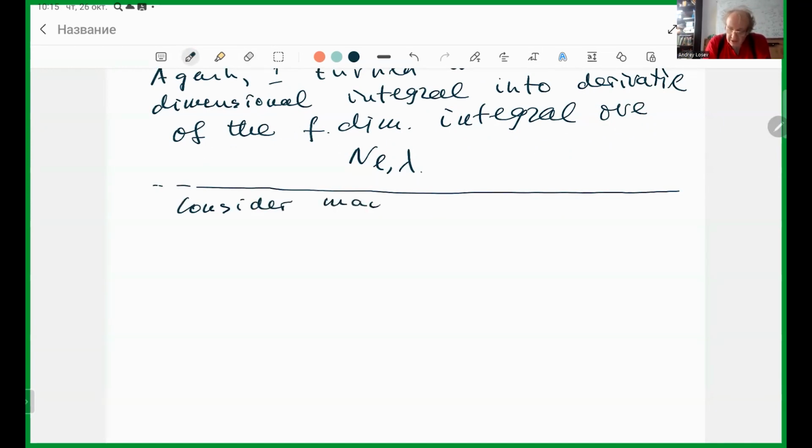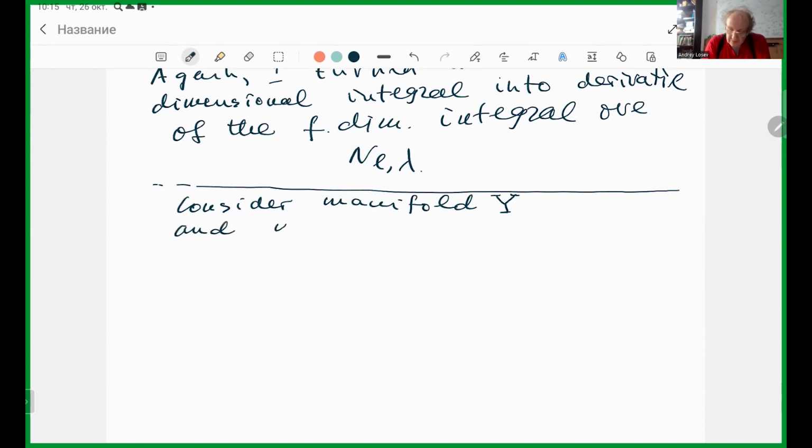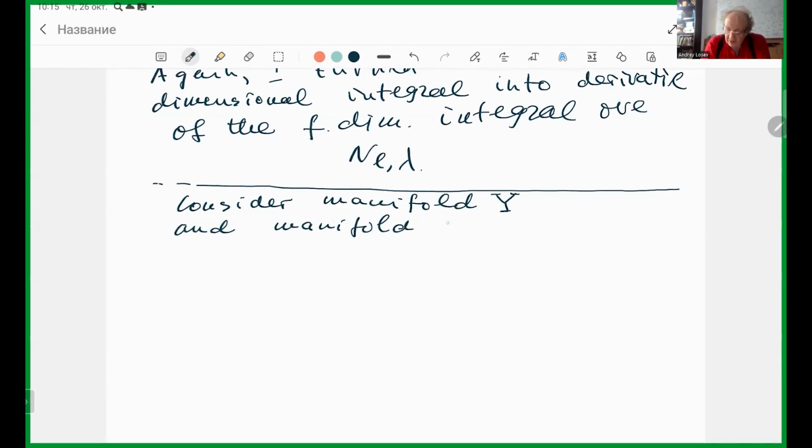Consider manifold Y, and manifold X as a space of maps.